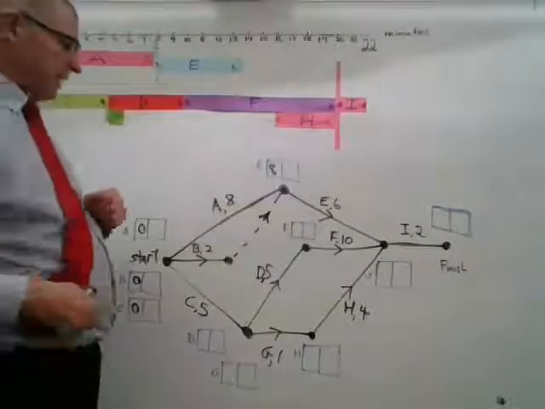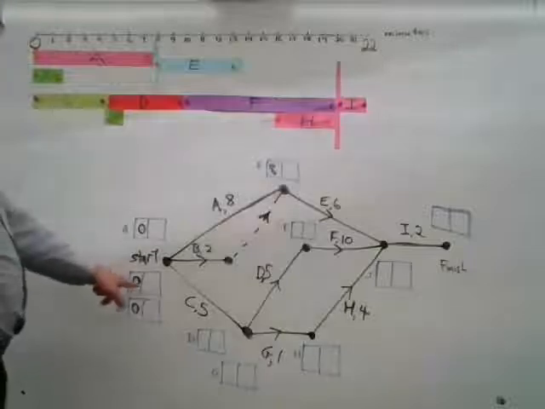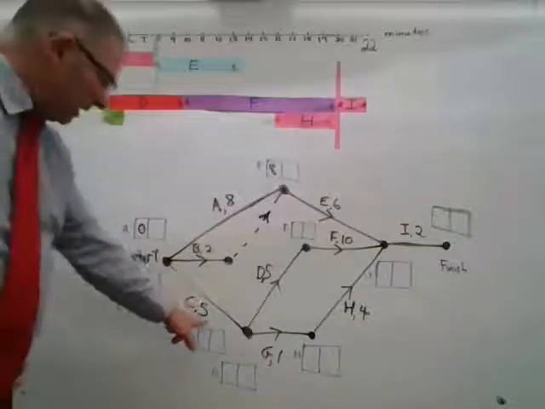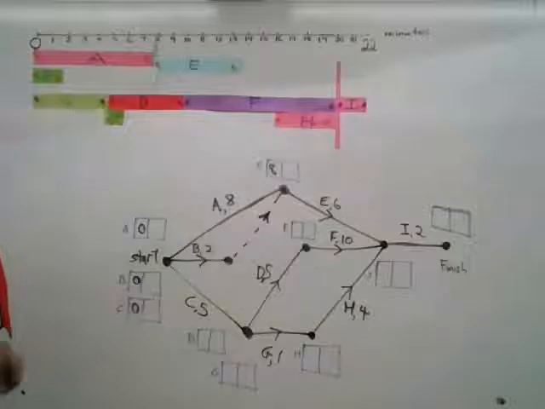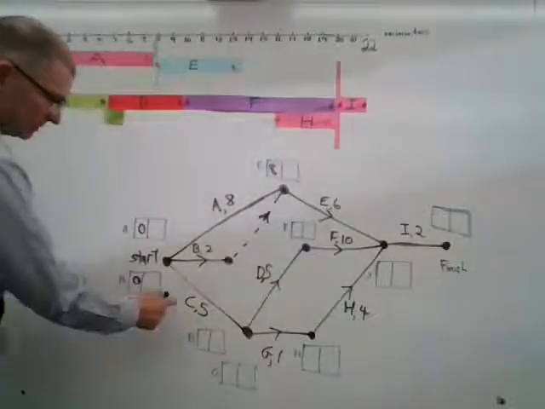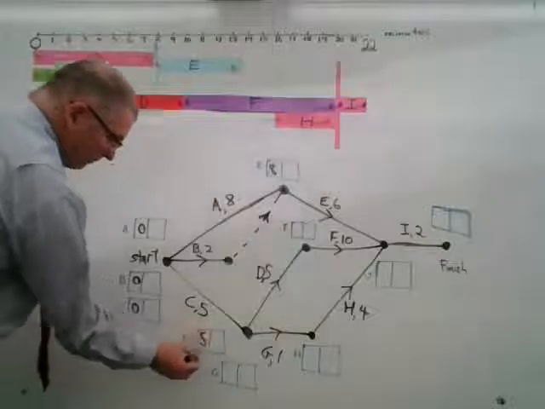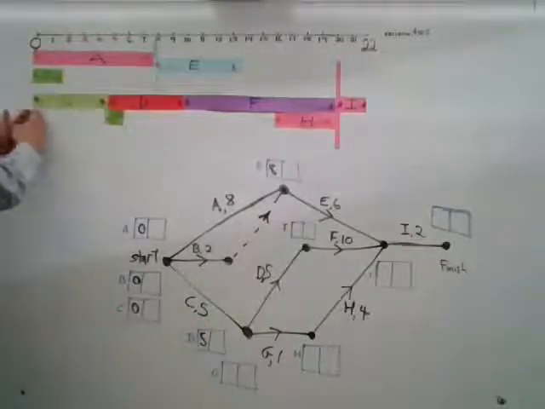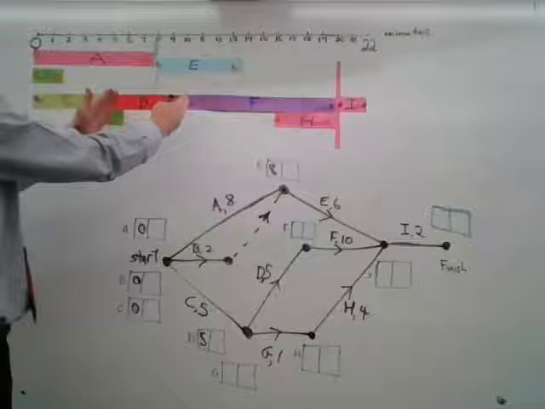Well, what about the earliest that activity D can start? Activity D has to wait for activity C. So it's going to have to wait 5 minutes. You can see that there, 5 minutes, and then activity D can start.